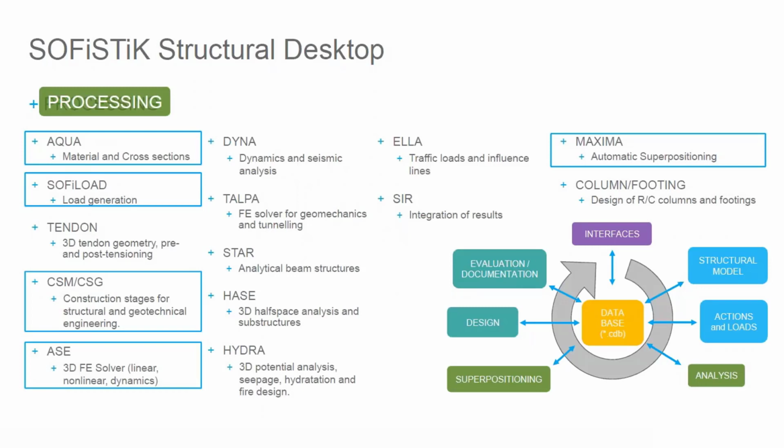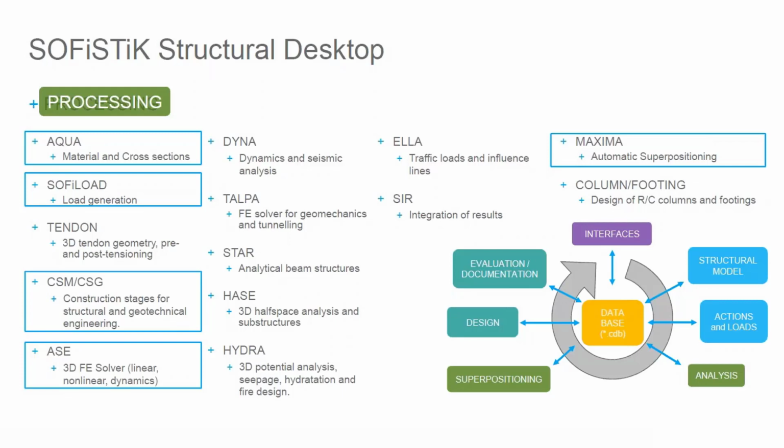The processing. There are many modules available for the processing itself. So we'll just concentrate on the most important ones for now. Aqua. Aqua is responsible, for instance, to define the design code, the materials and cross-section. SOFiLoad is the load generator.